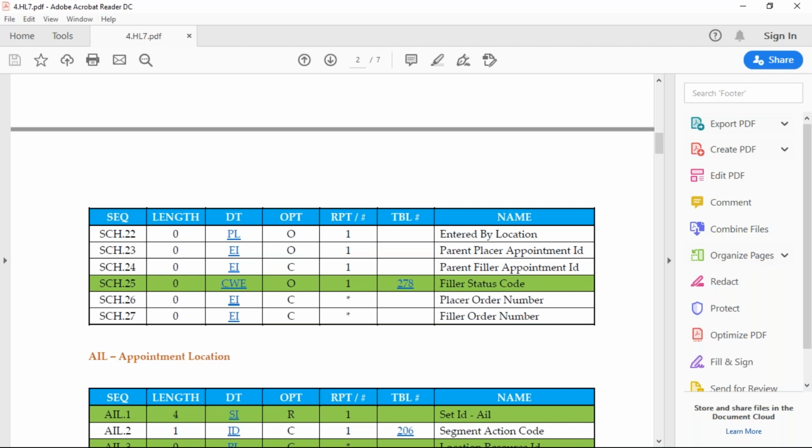When we create a new appointment, the message flows from the PM system to the EHR system, and in the EHR system, the doctor can see his list of appointments in scheduled status.